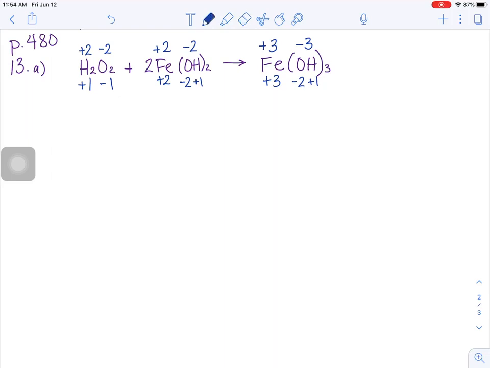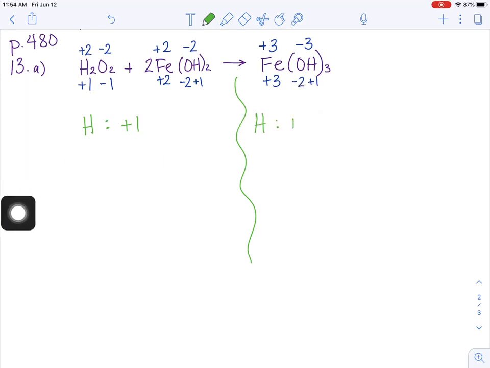So, and I'll just switch to a different color here. I have hydrogen in the reactants has +1 over here, and in the products, it is also a +1. So hydrogen's oxidation number did not change at all in this reaction.